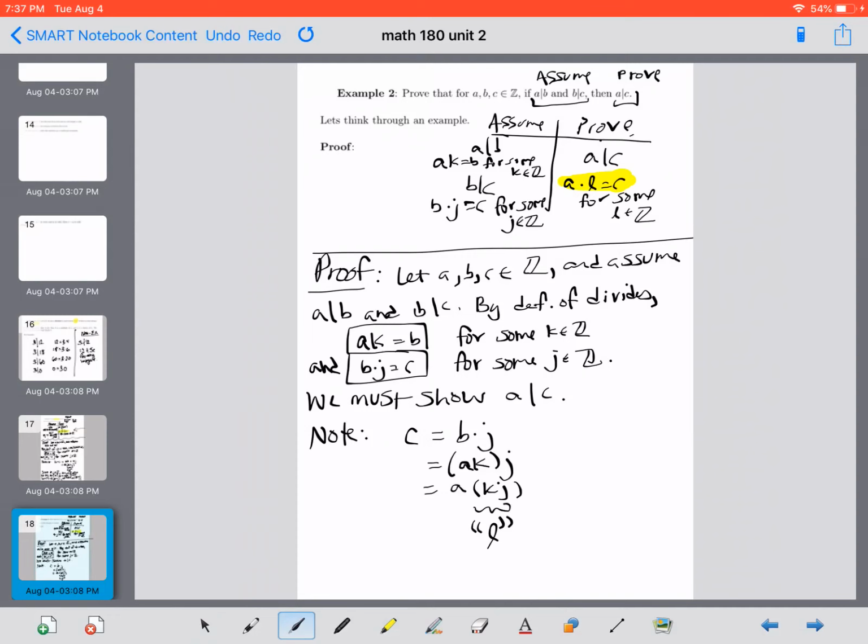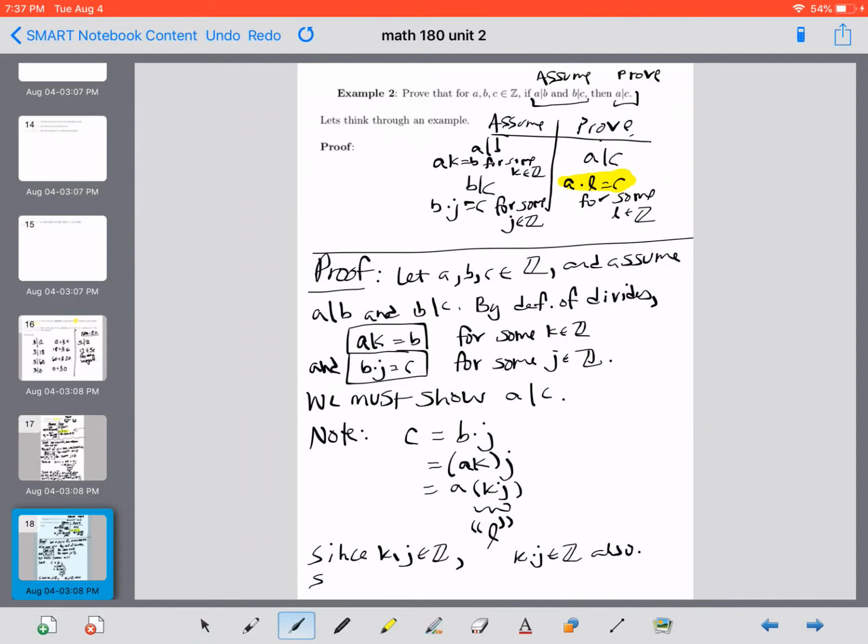How do we know that kj is an integer? Well, just like before, k and j are integers. When you multiply two integers together, you get an integer. So since k and j are integers, their product, k times j, is an integer also.